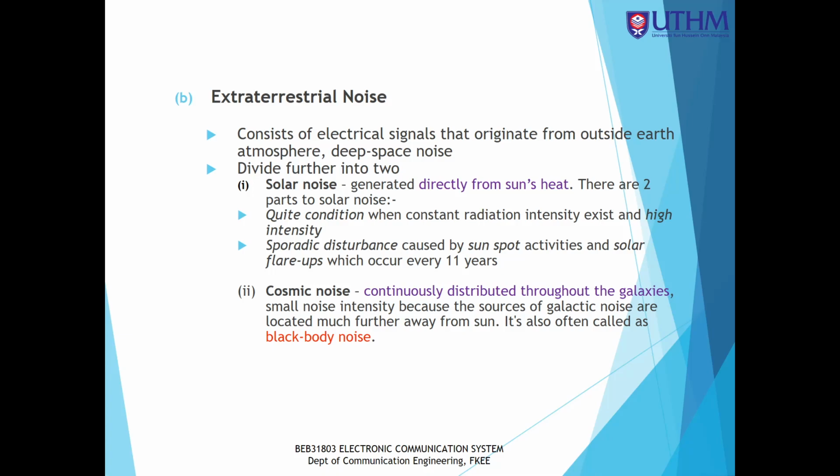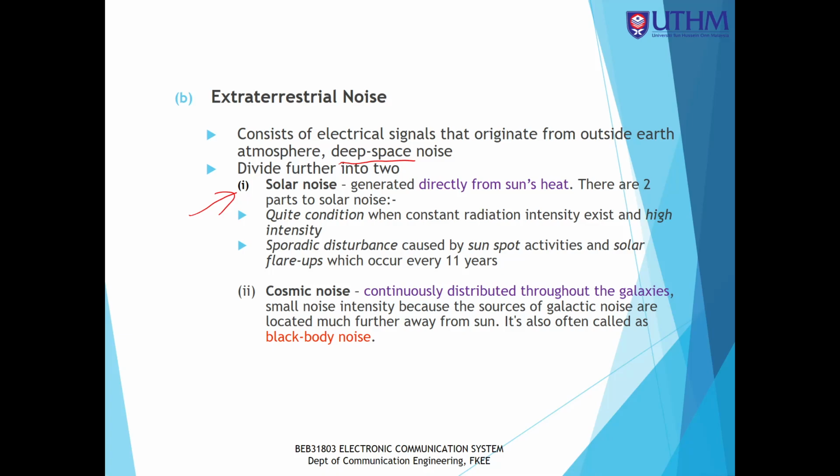Extraterrestrial noise consists of electrical signals that originate from outside the Earth. Okay, in the deep space. It is also known as deep space noise. Okay, so extraterrestrial noise can be divided into two, which is solar noise. Solar noise is due to the sun activity, disebabkan oleh aktiviti matahari.